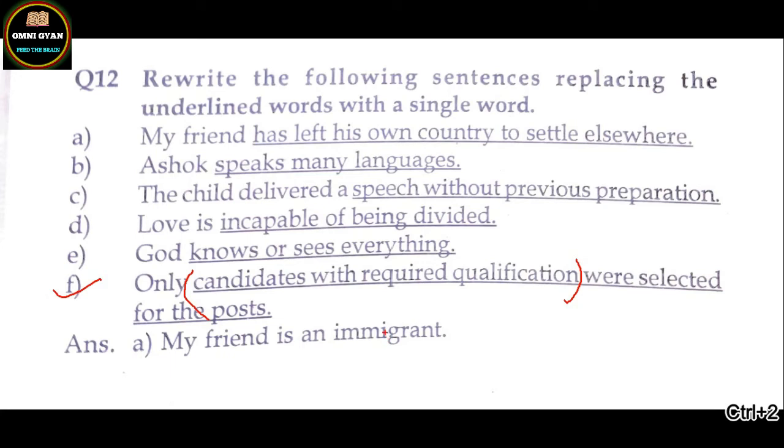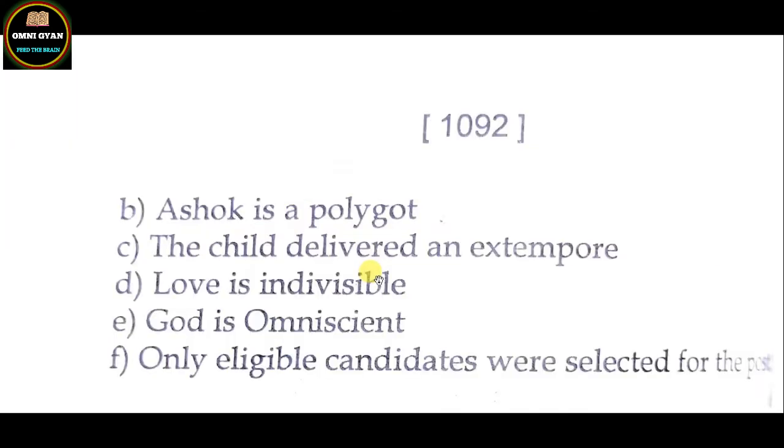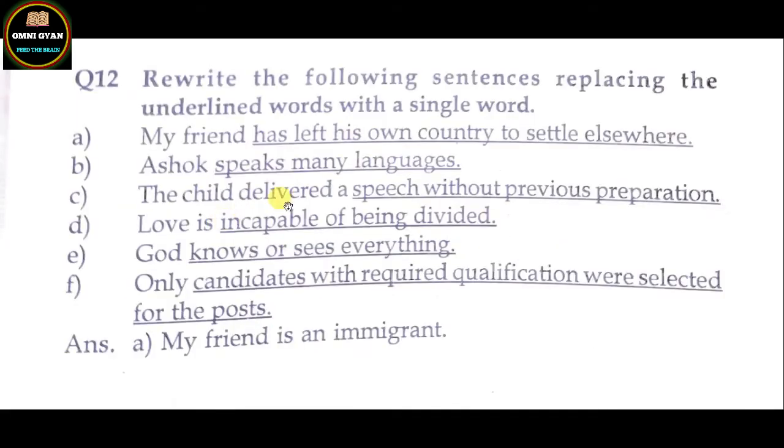They're very responsible, MBOSE, Meghalaya Board of School Education, I'm definite. There's no mistake on that part. Anyways, let us move ahead. So only eligible candidates were selected for the posts. Let's move ahead. And these were the answer keys of this particular page.